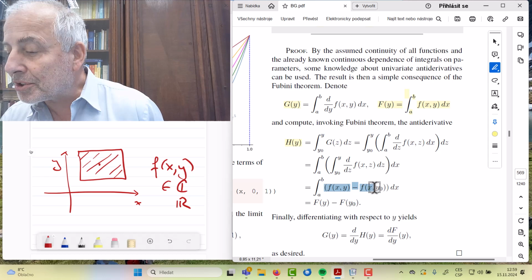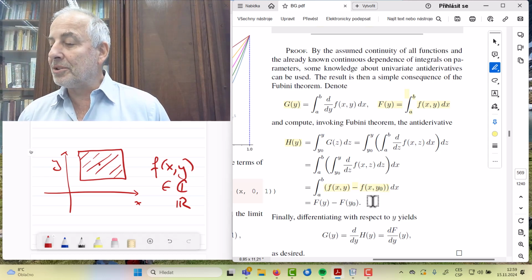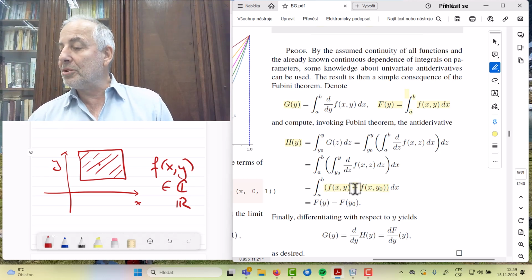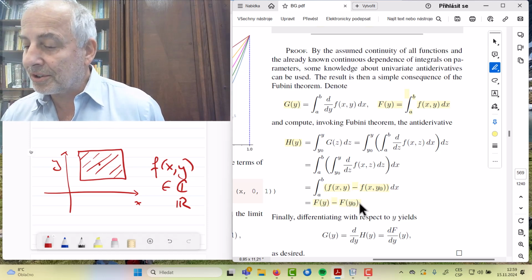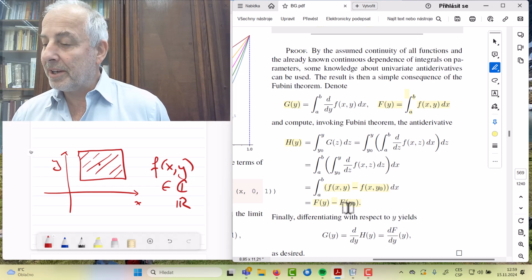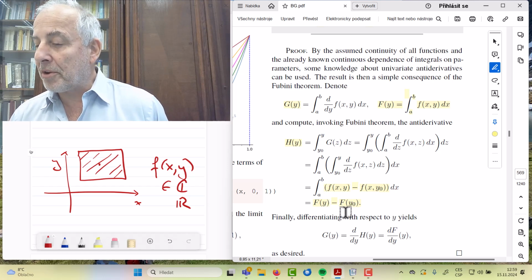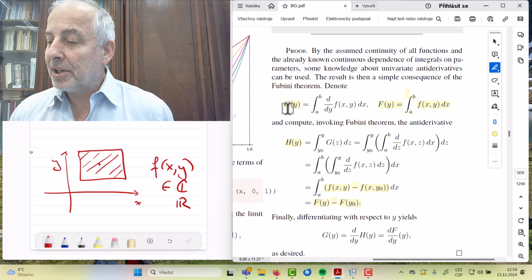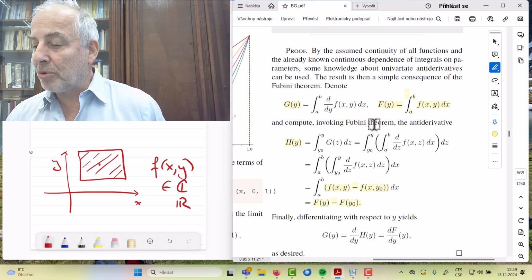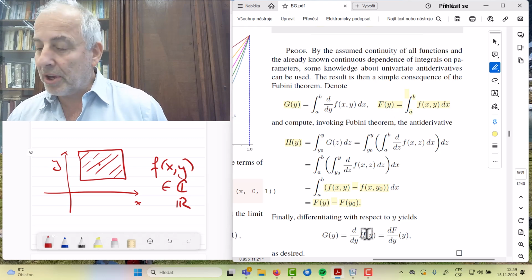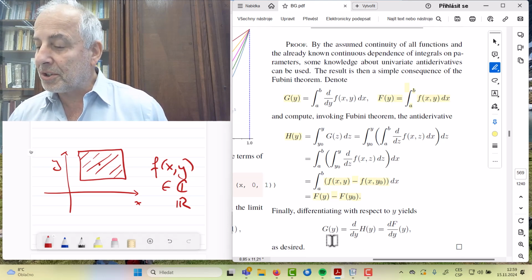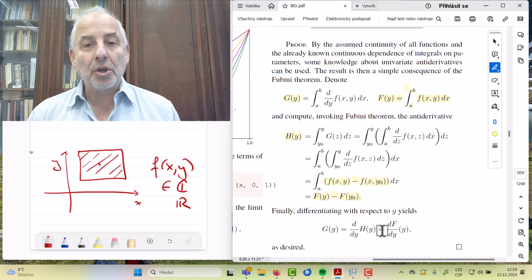So it will be just using the fundamental theorem of calculus, it will be just this. And therefore, we see that it's just f(y) minus f(0). So the g is the derivative of f up to a constant, right? So if we differentiate now, we see that it's really true.